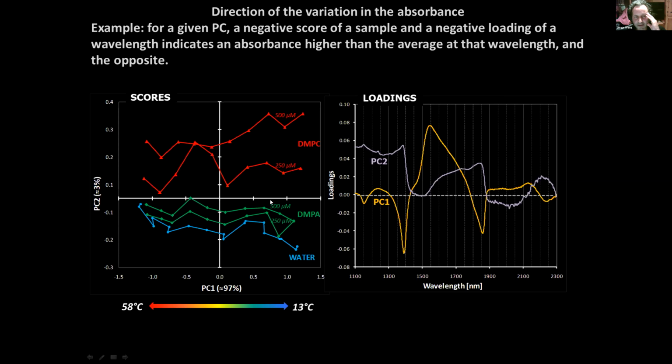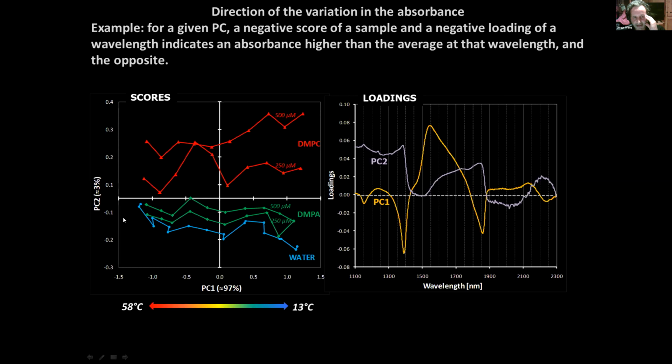We can make something like the typical biplot. But when you have too many variables, like here, around 1,200 variables, it's impossible to put both data in one plot. So another way is to compare scores and loadings in separate plots.